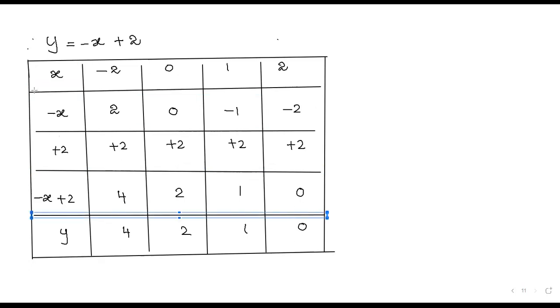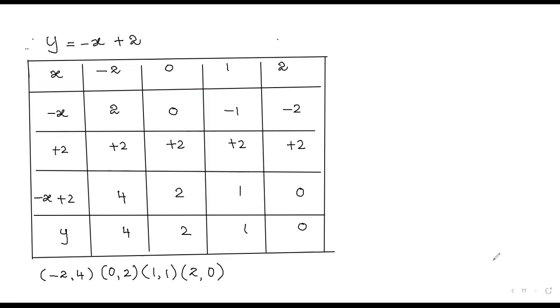After that, you quickly write down the coordinates below the table: negative 2, 4, and 0, 2, and 1, 1, and 2, 0.